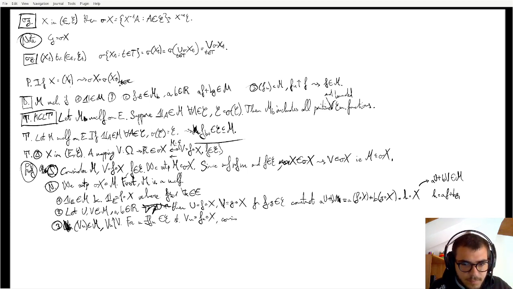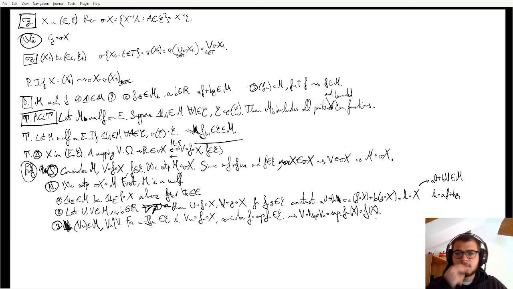And consider f to be the supremum of fn, which is in E. Then V, which is the supremum of Vn, or the supremum of fn of x, is the same as f of x. And from this we can conclude that V is in M.